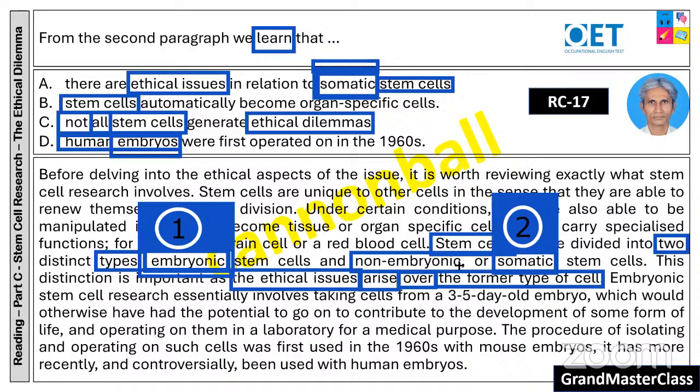Now here there is a special word, former. Ethical issues are among the former. Can anyone tell what this former is? Former means what? Former means first.